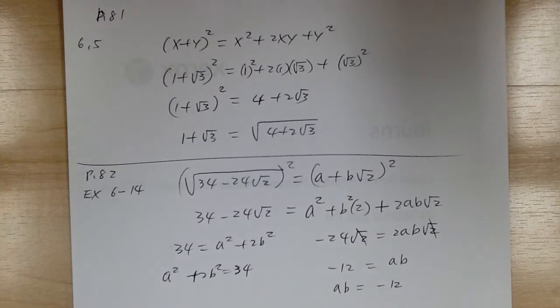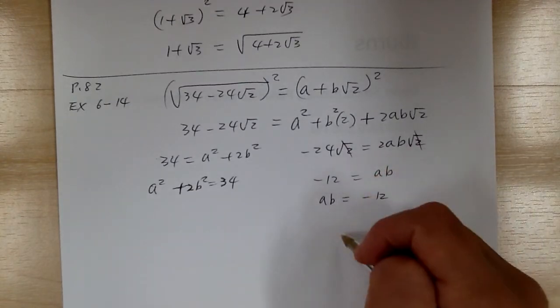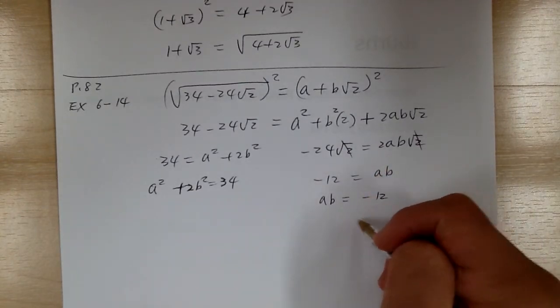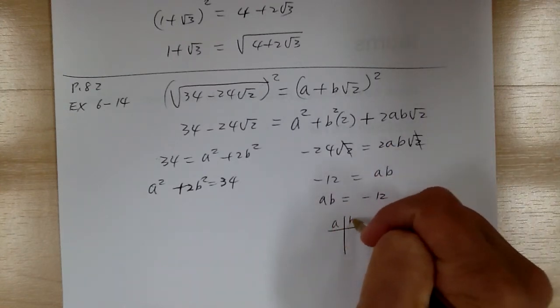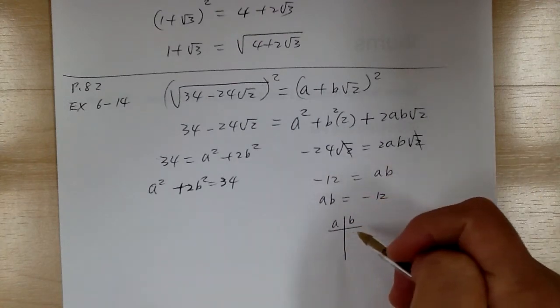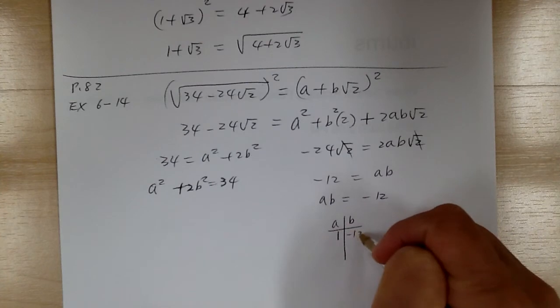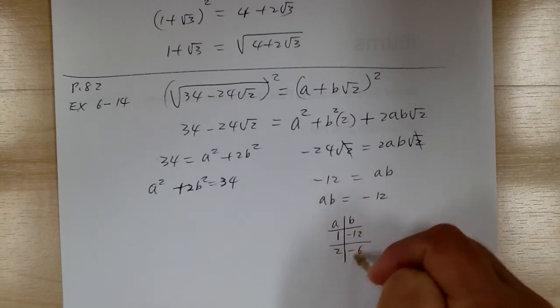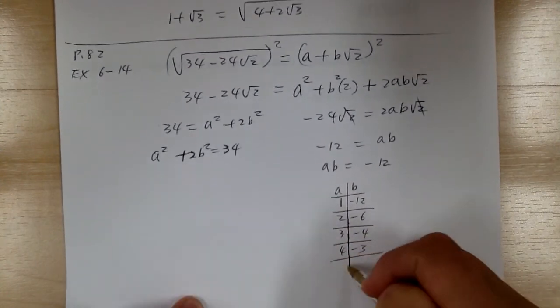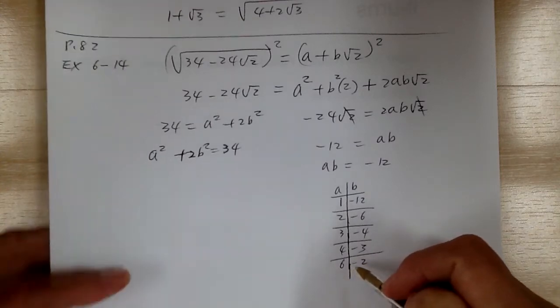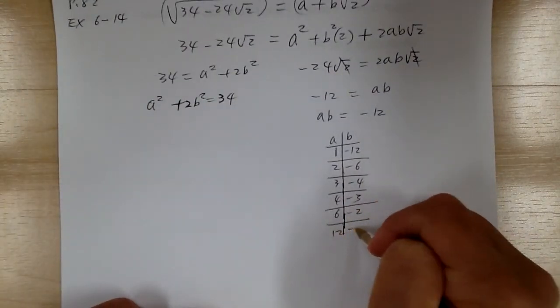Now you can divide by b, so you get a equal to negative 12 over b, and substitute, but it's going to be messy. So the way we're going to do it is trial and error. A times b equals negative 12, so you can do 1, negative 12; 2, negative 6; 3, negative 4; 4, negative 3; 6, negative 2; and 12, negative 1.